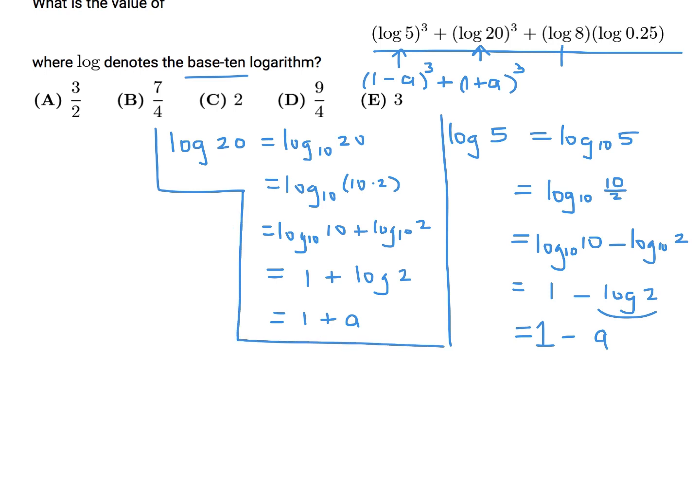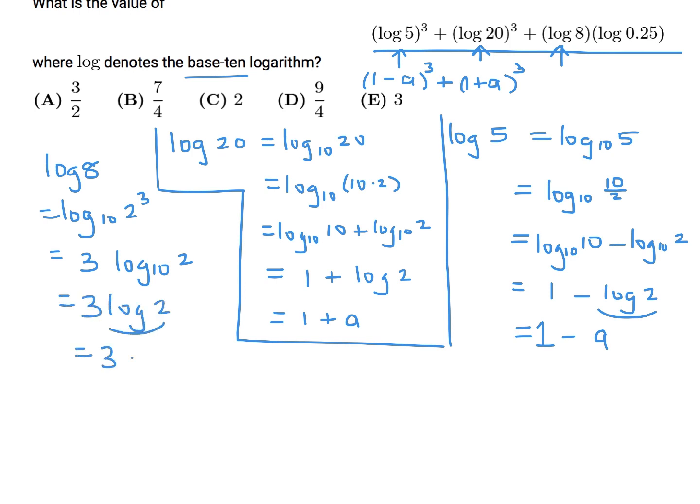Now we have to deal with the log of 8. The log of 8 is really just the log of 2 to the power of 3 to the base 10. Therefore, that's 3 times the log of 2, and since the log of 2 we have called A, this is 3A. So plus 3A.